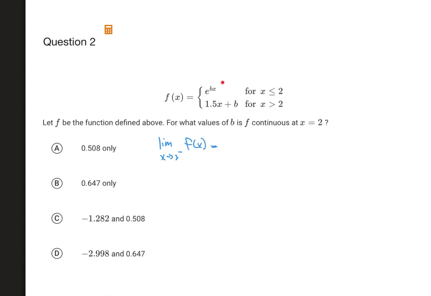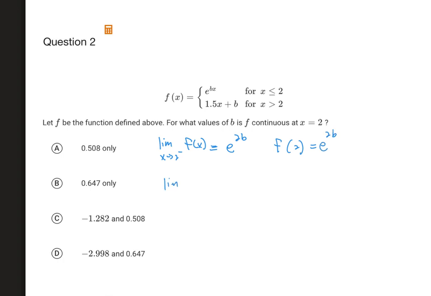That's just plugging in 2 into the top one, since left is less than 2. Plug in 2 for x, and you get e to the 2b. And this also happens to be f of 2, e to the 2b.